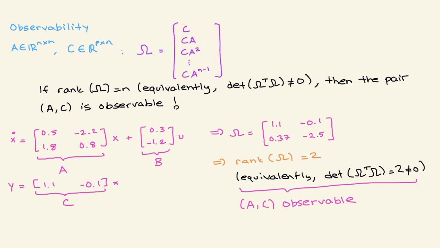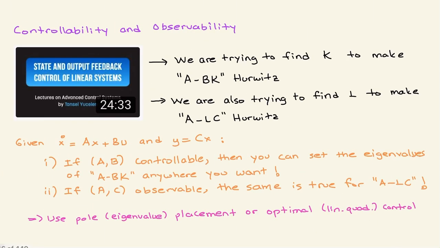And if you don't want to do this count, go to MATLAB, just write determinant of omega transpose multiplied by omega, and it should be non-zero. After you form this observability matrix and find a non-zero determinant, then you say the pair AC is observable. Perfect. If it is, then linking back to here, you can always find L by using the pole placement method or optimal linear quadratic control to make A minus LC Hurwitz.